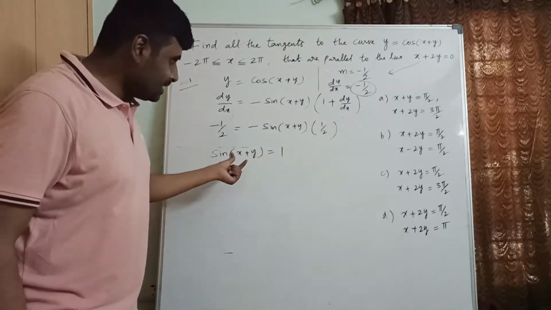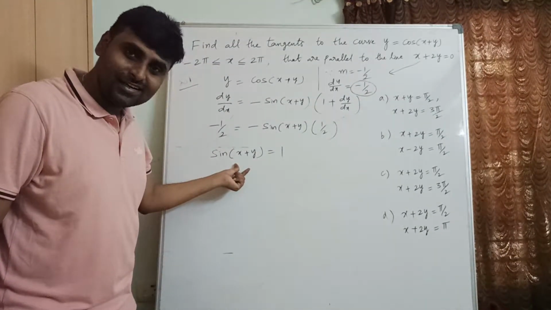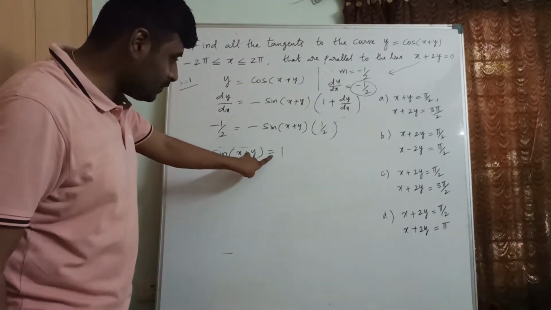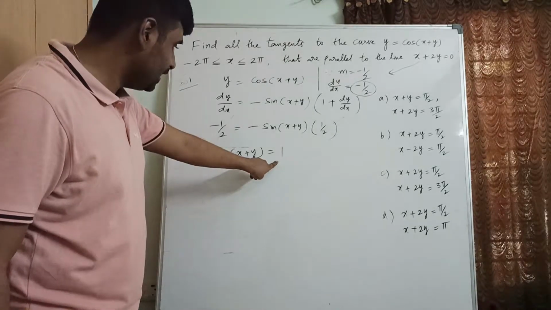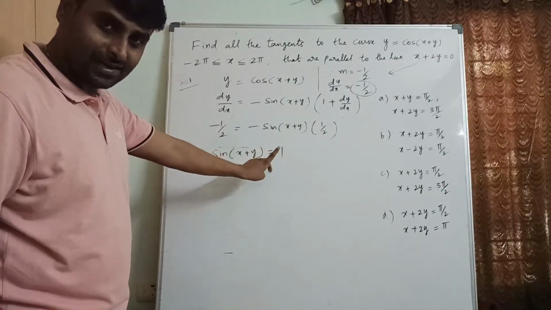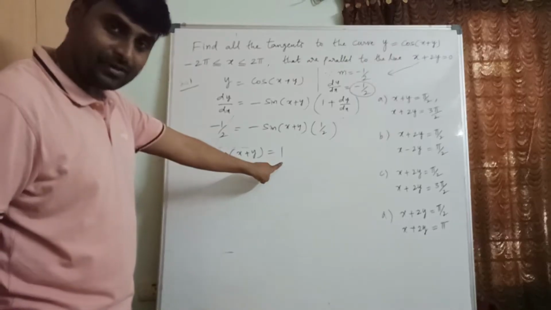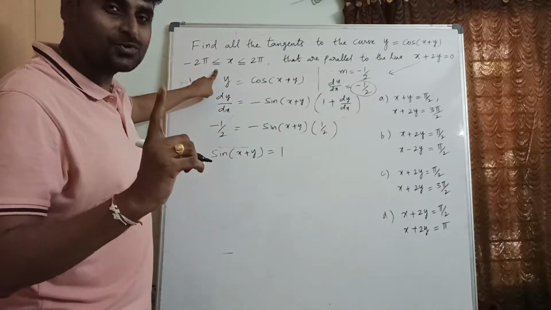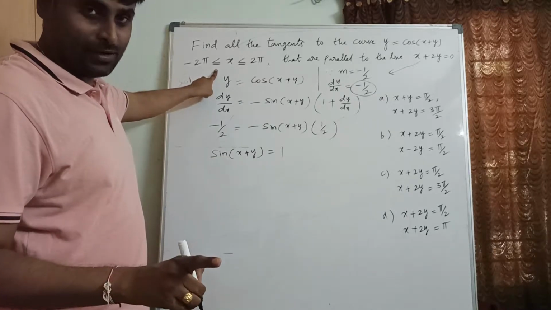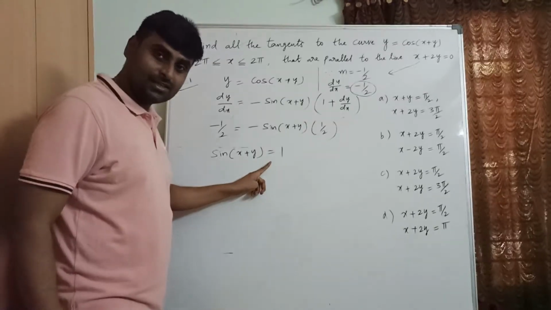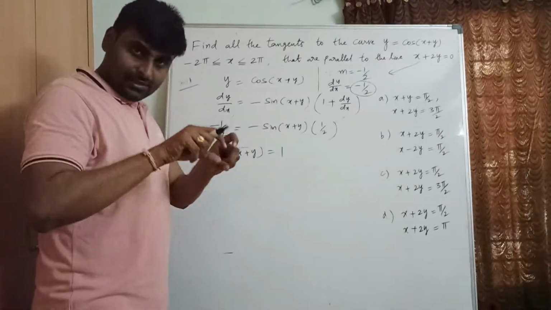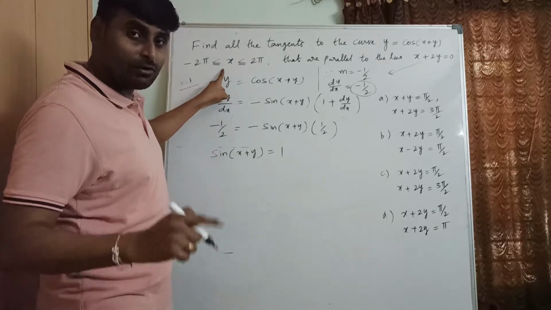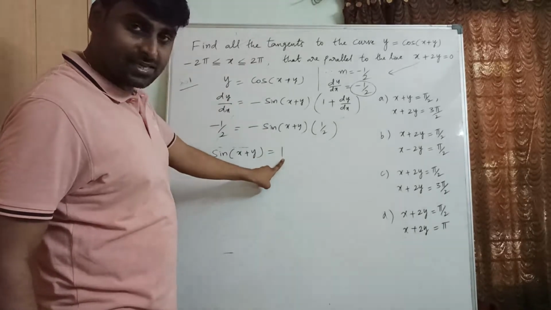Clear? So from this, did you get any point of contact? No. But we are going to get it, see here. Whenever sine of x plus y equals 1, what is the angle here? 90. Where do you get 1 for sine? 90, and also minus 270. This is very important, so this is knowledge you have to know. From the table values or graph, we can identify where sine of something is 1.